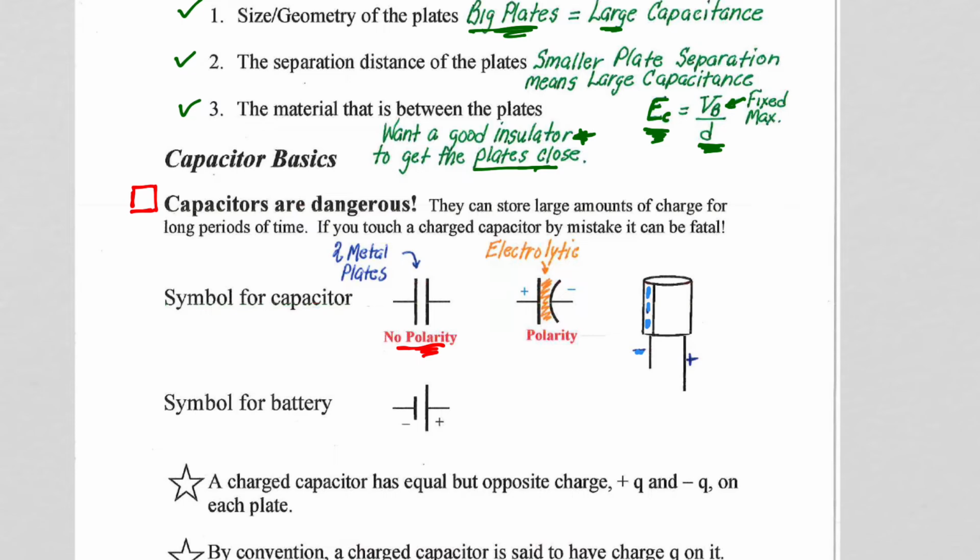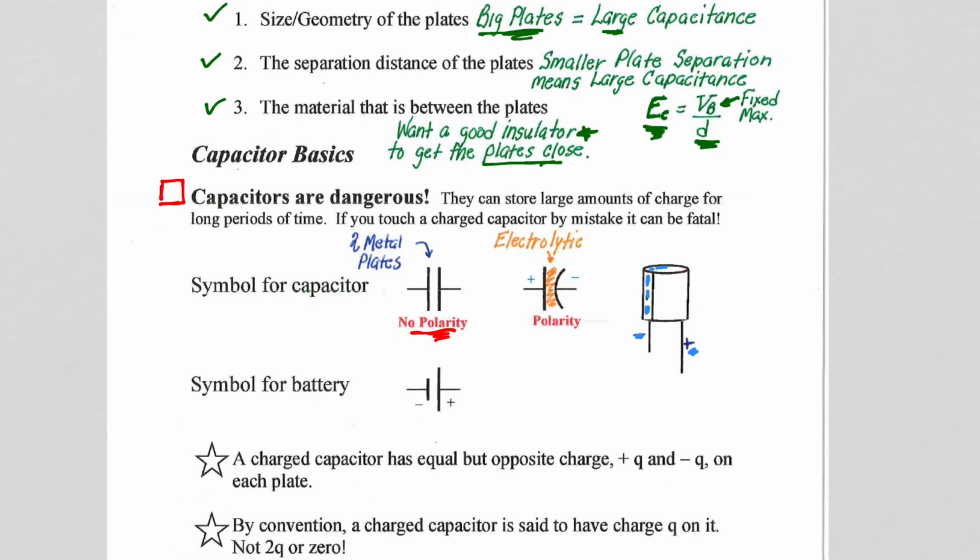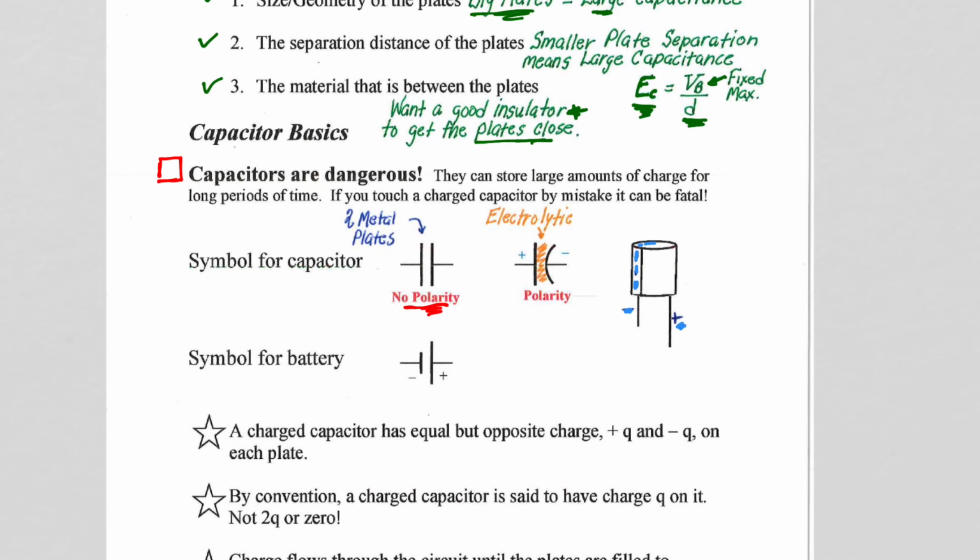So you have to connect a capacitor that is defined by polarity, the positive to the positive terminal of the battery and the negative to the negative terminal of the battery. And they're often in the shape of little cans, so they'll be little cylinders. Now, the electronics symbol for the battery looks like a capacitor, but it is not quite the same. The electronic symbol for the battery has the shorter line as our negative terminal, and the longer line is our positive terminal.